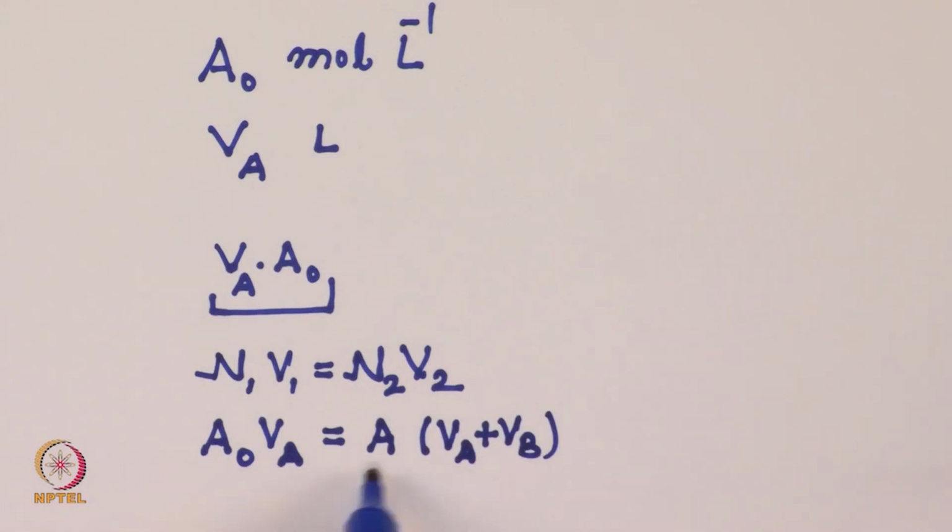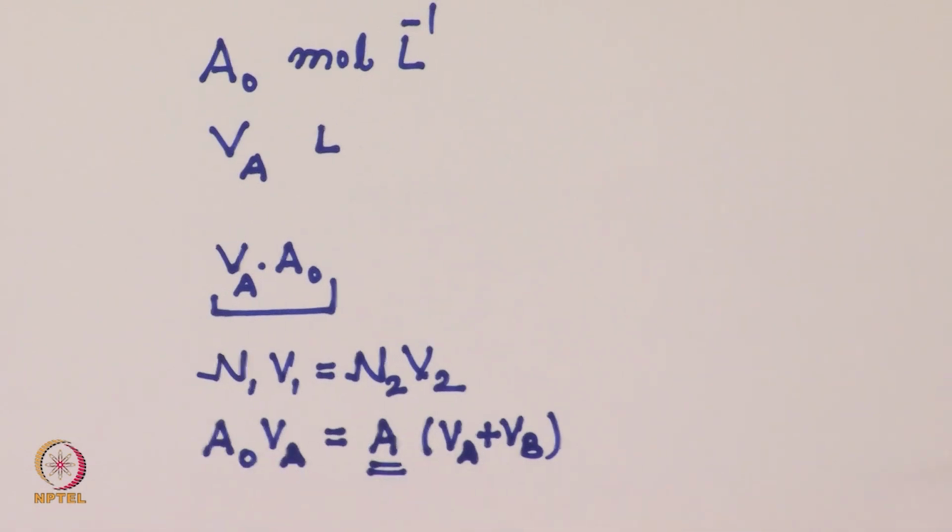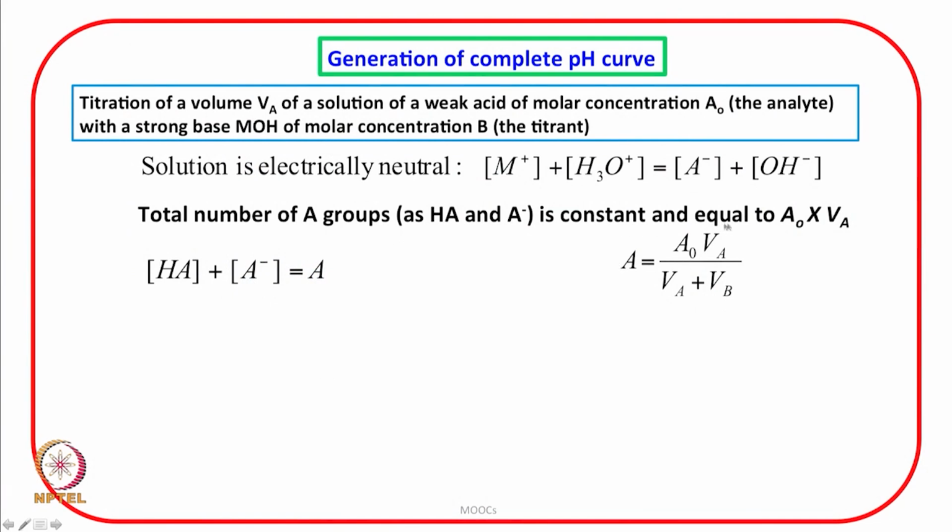And from this, A is equal to A0 into VA divided by VA plus VB. Once again, from here A is equal to A0 into VA divided by VA plus VB, and that is what is written on the slide. A is equal to A0 into VA over VA plus VB.